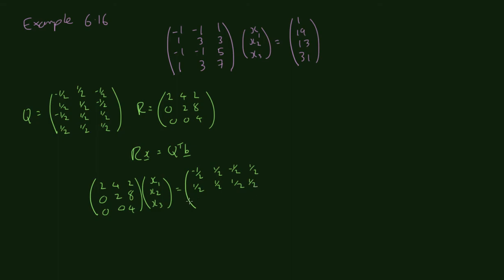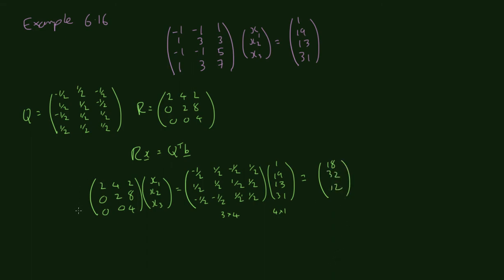The third row is going to be minus a half, 1 half, 1 half. That's multiplied by our 4 by 1 constant vector. This is a 3 by 4 times a 4 by 1, so we end up with a 3 by 1 vector, which is 18, 32 and 12.